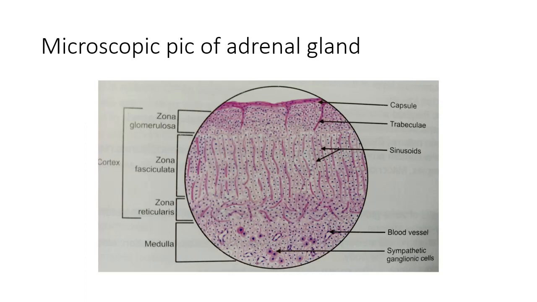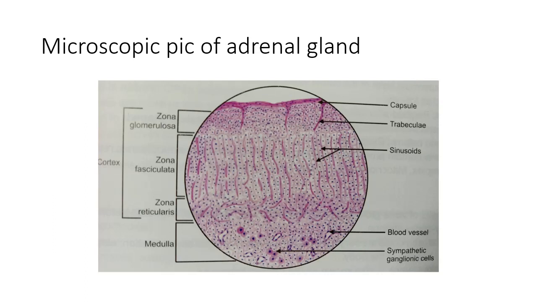In the zona fasciculata, you are seeing polyhedral cells which are 1 or 2 layers thick, and in between them there are the sinusoids, and they are taking a very light eosinophilic staining, because of the abundance of fat in it.